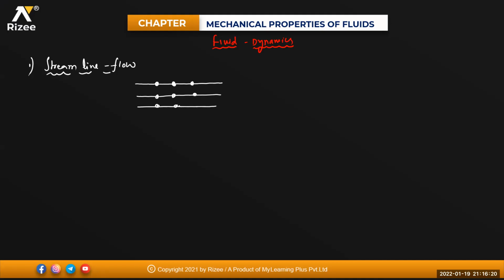That is known as streamline flow. So here it is V, here it is V, and here it is V. The streamline may also be in a curved path. Here the velocity might be V1, here the velocity might be V2. Directions are different, but velocities will be the same. Clear? It may be a curved path or it may be a straight line.